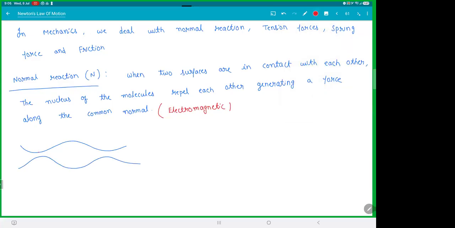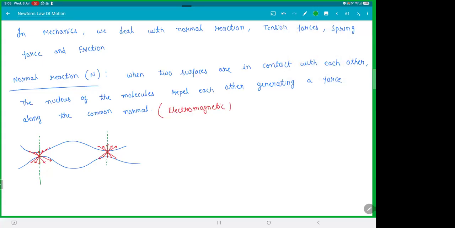If you look at the molecules here, this molecule is repelling, this molecule is repelling, this is repelling. So it's not one, a lot of molecules are repelling here. Because of this, there's almost a kind of symmetry. This molecule repels, this repels, and this.